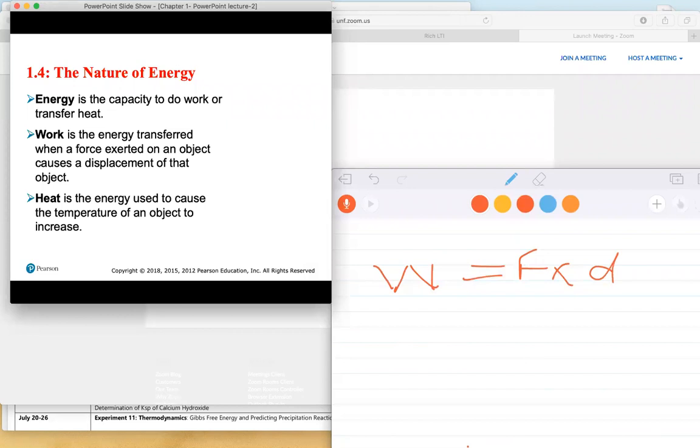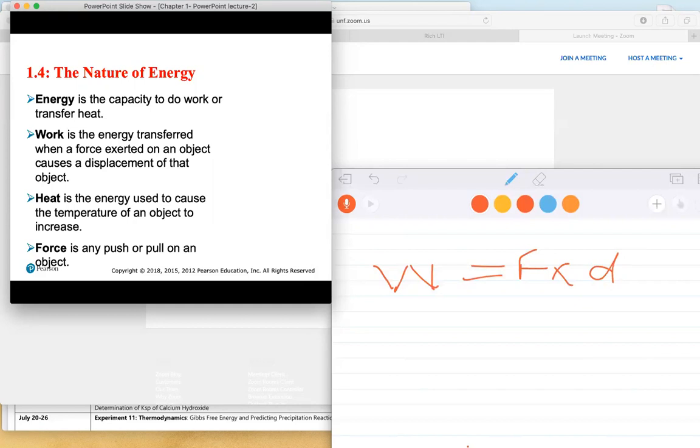In relation to that, we say energy is heat transfer. And what is heat? It is the energy used or caused to make the temperature of an object increase. It's the amount of energy used to raise the temperature of an object. It can be transferred from a hot to a cold object.